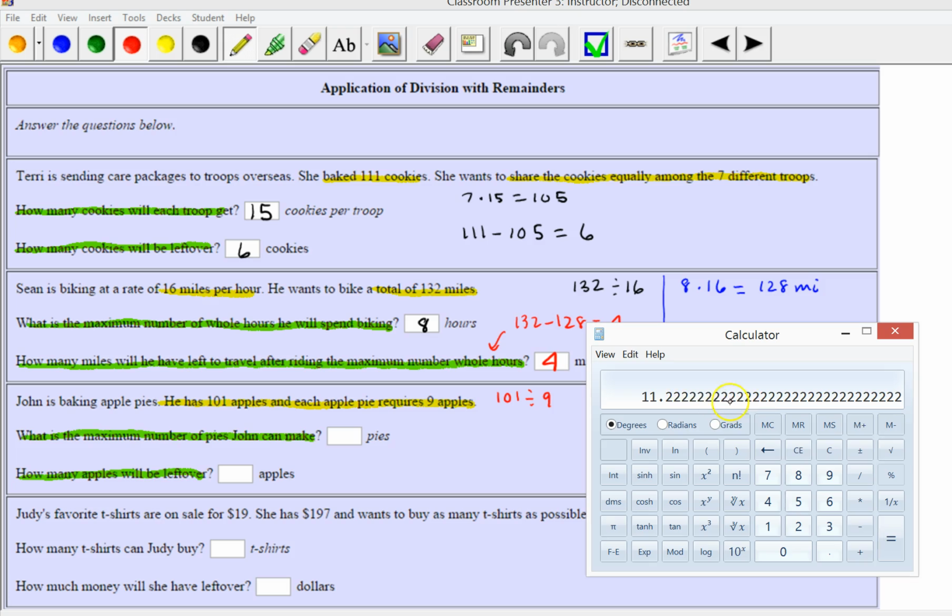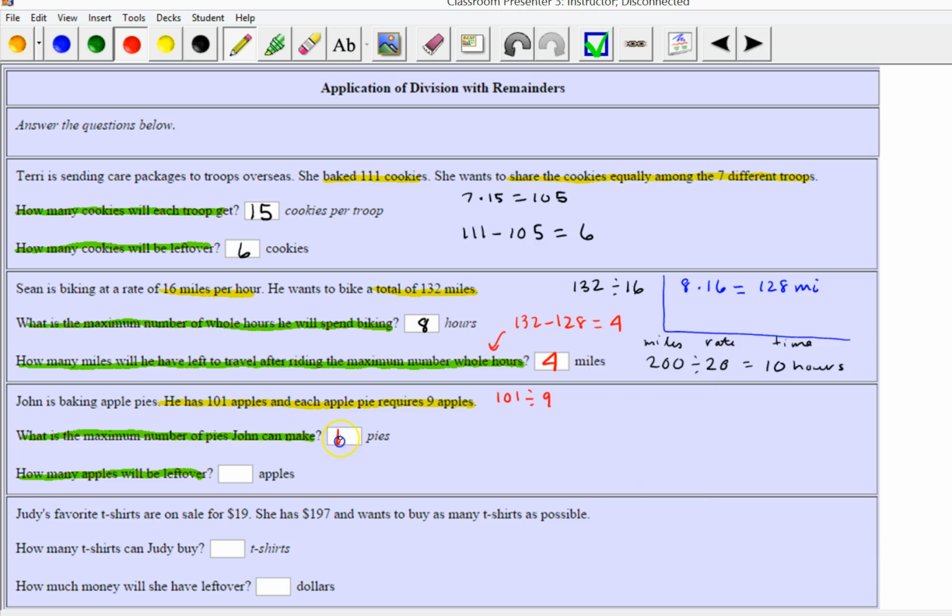So we have 11 and a little bit over. So this would be a fractional part of a pie, but we're not going to make part of a pie. We only make whole pies. So we're going to make 11 whole pies is the most he can make. Okay. Now, how many apples will be left over? Well, it's 9 apples per pie for 11 pies is 99 apples used.